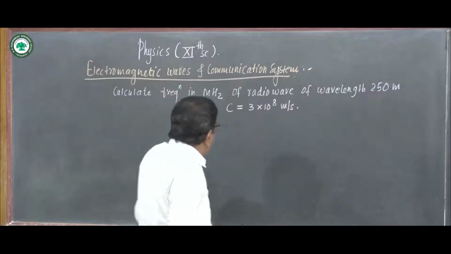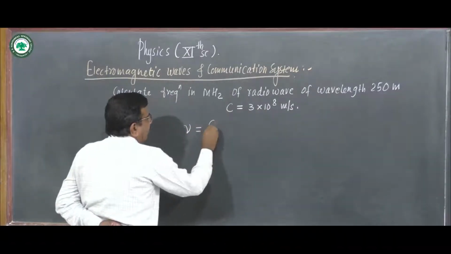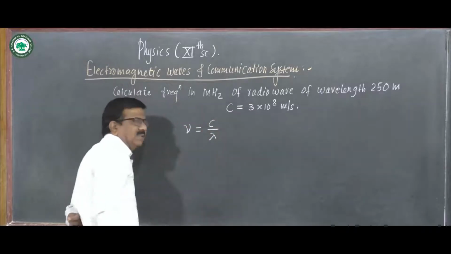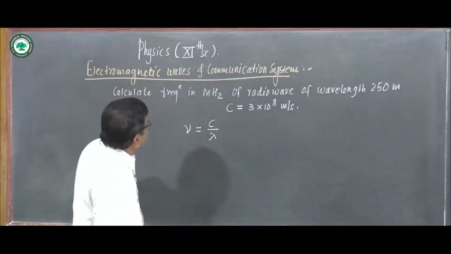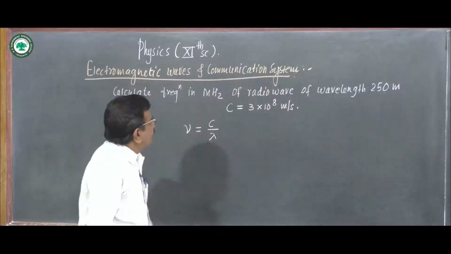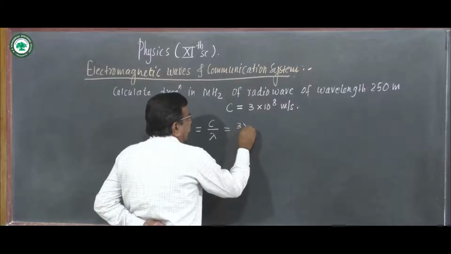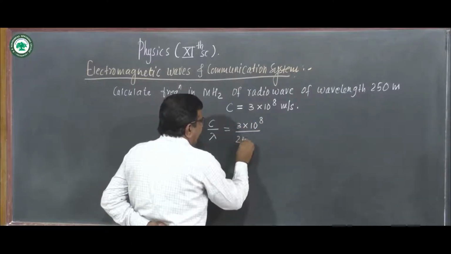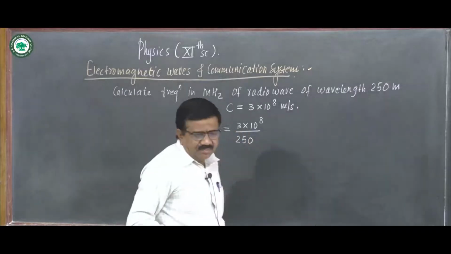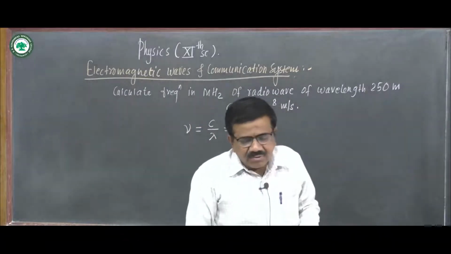Now we know frequency nu is velocity upon wavelength. Wavelength is 250 meter. Velocity is 3 into 10 raised to 8 upon 250 meter. This is a very simple calculation.